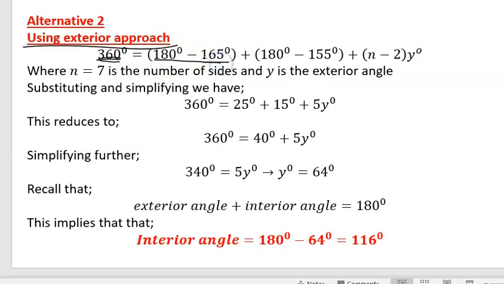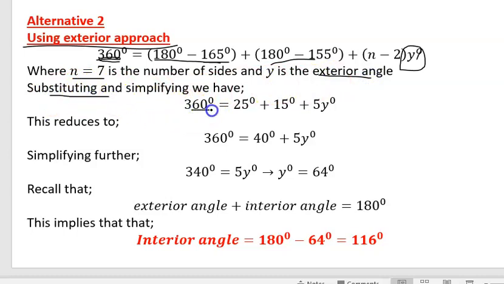So 180 minus 165 plus 180 minus 155, then plus n minus 2. Remember, the two exterior angles are here. Then I'll say n minus 2, the one that we have added, multiplied by the exterior angle that we don't know. Now, recalling that n equals 7 because it's a heptagon, the y, which is the exterior angle that we need to find, is going to be gotten by substituting n equals 7 and simplifying.